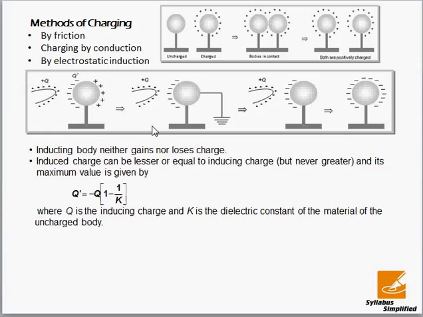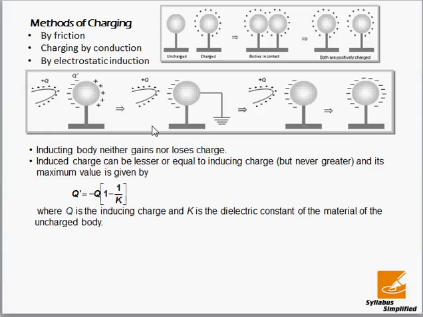On the other hand, there is one more example where we rub a rod made of ebonite with wool. In this case, electrons from wool will move into the ebonite rod, for which the ebonite rod will have excess of electrons and it will become negatively charged, whereas the wool will become positively charged.